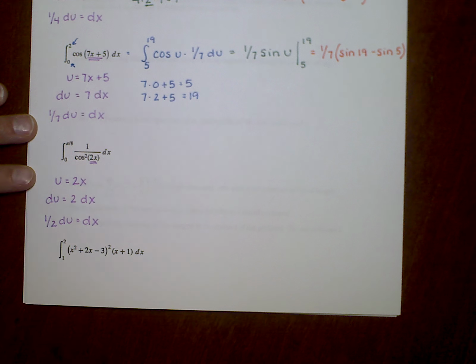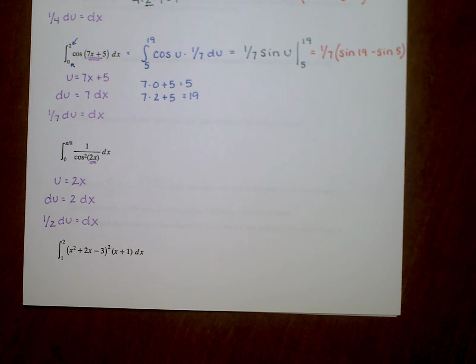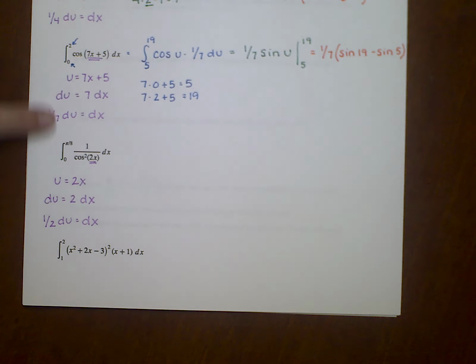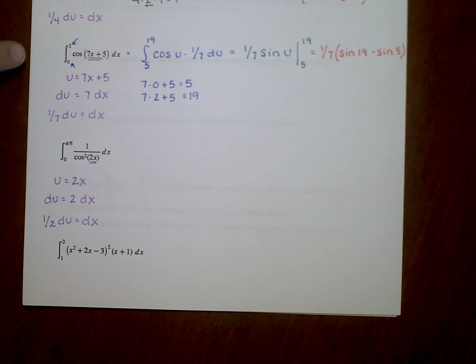What's going to be really important in this next step, because some of you might already be looking at this and going, well, wait a second, this looks like cosine squared is the inside function, inside a 1 over whatever. 1 over cosine squared is really just secant squared.